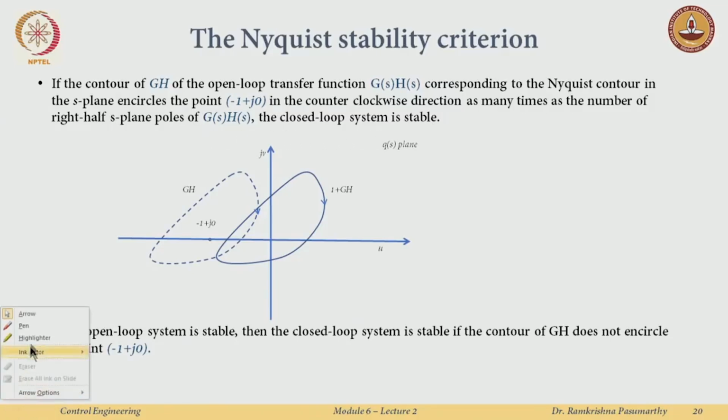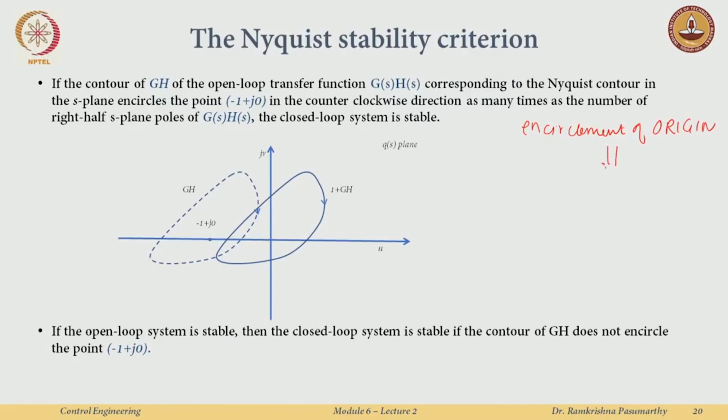Everything remains same, just that the encirclement of origin now just translates to encirclement of minus 1 plus J0.